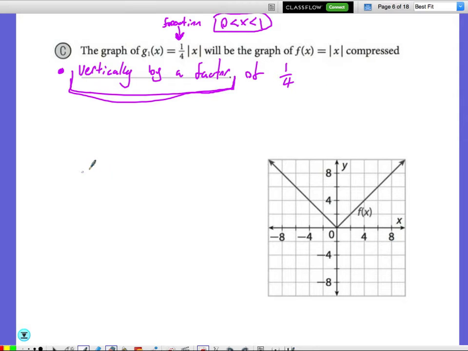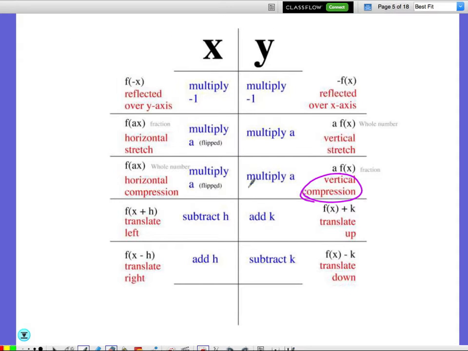So what I'm going to do is set up a table here, and I'm going to use the point 4, 4. So if I use the point 4, 4, I want to see what is going to happen to this point, this ordered pair, after I make the transformation. So what it says here to do is I'm going to multiply by a.